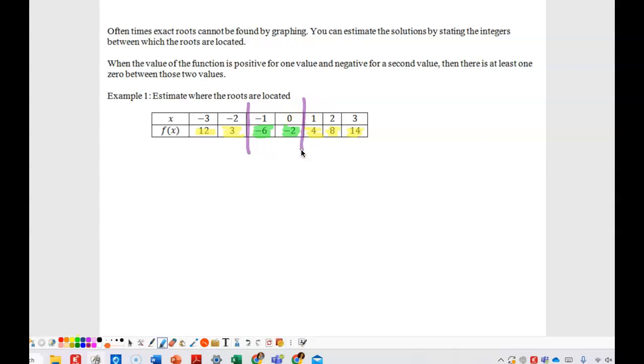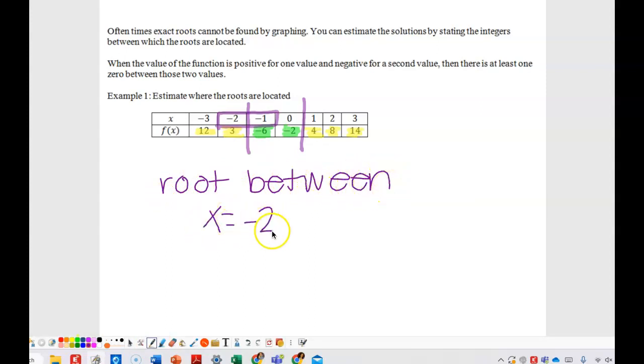So it goes from positive 3 to negative 6, which means between negative 2 and negative 1, there was a root. So there is a root between x equals negative 2 and x equals negative 1.